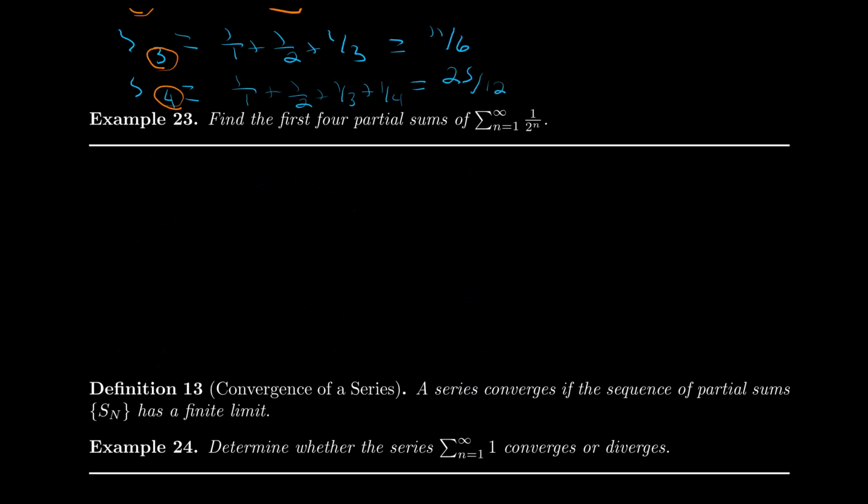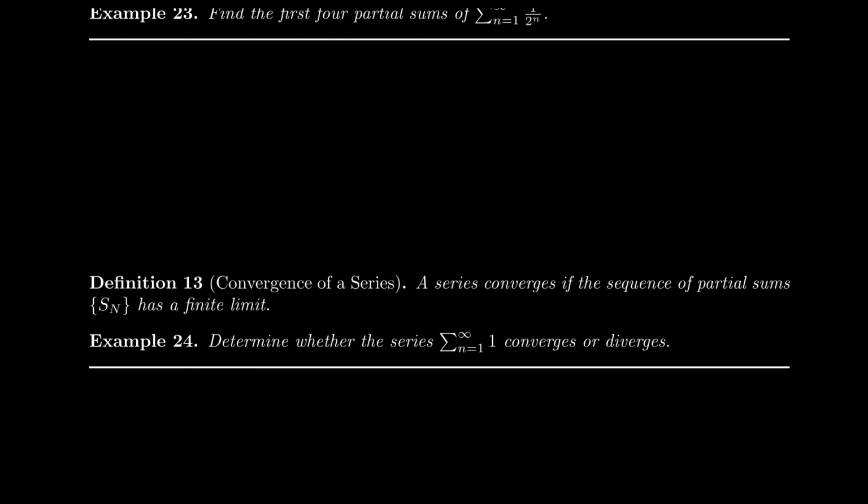So, try this. Find the first 4 partial sums of that guy. Please pause the video. Again, the pause is your best friend, and give that a shot. So we know then that S1 must be 1 over 2 to the first. S sub 2 must be 1 over 2 to the first plus 1 over 2 squared.